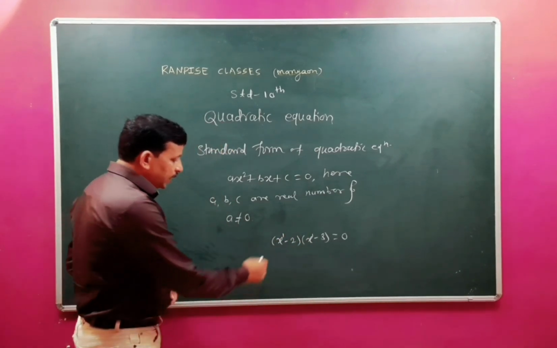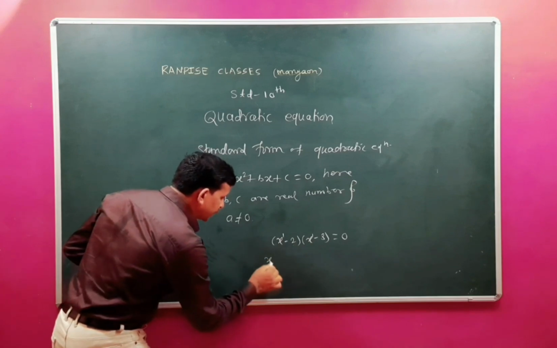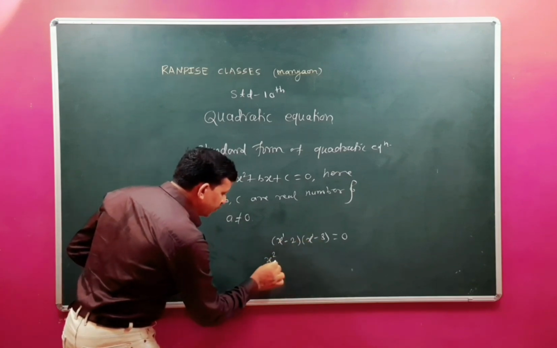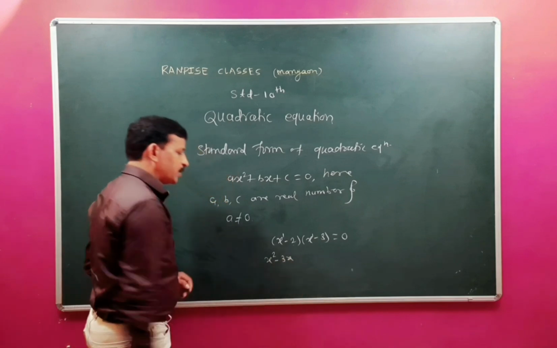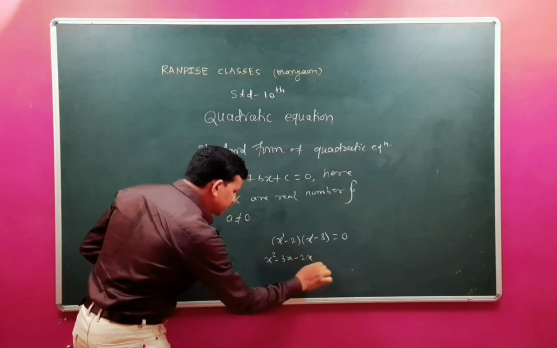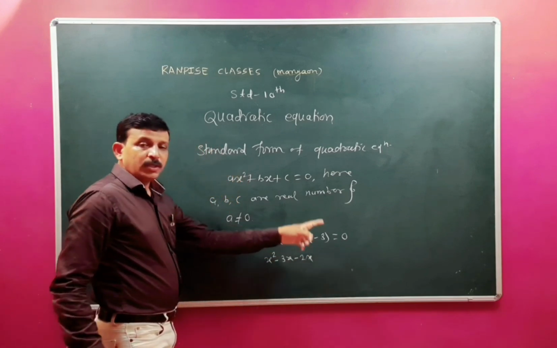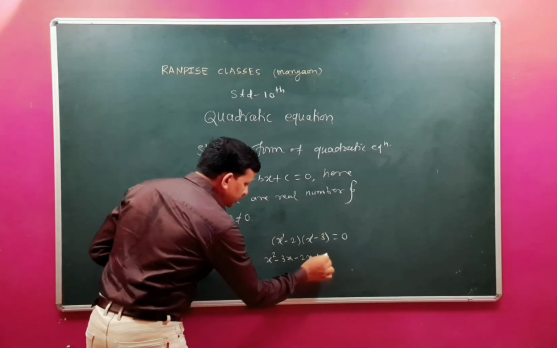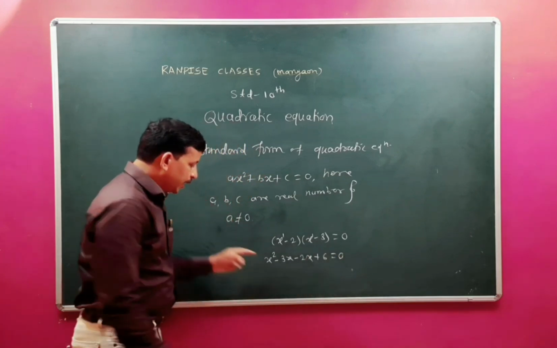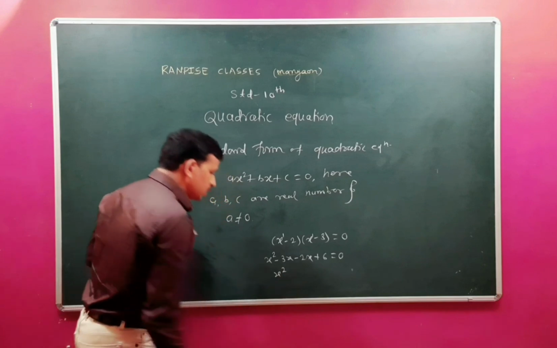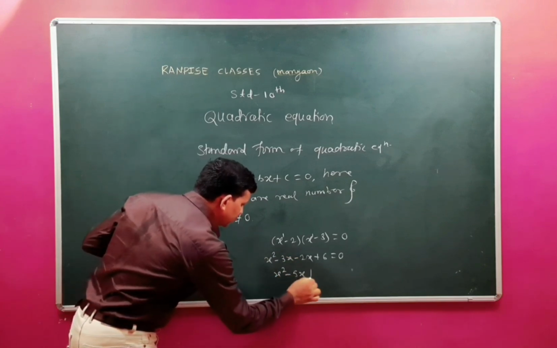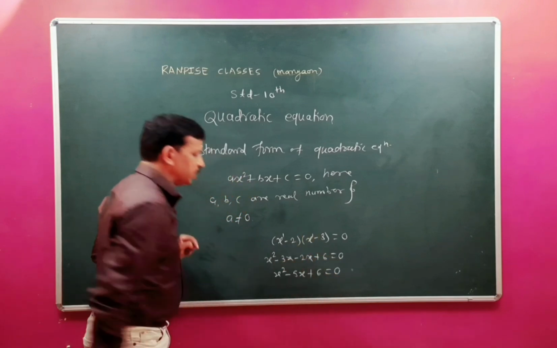See here, x into x is x², x into −3 is −3x. Second thing, −2 into x is −2x, and −2 into −3 is +6, equal to 0. Now x², −3x − 2x is −5x, + 6 = 0.